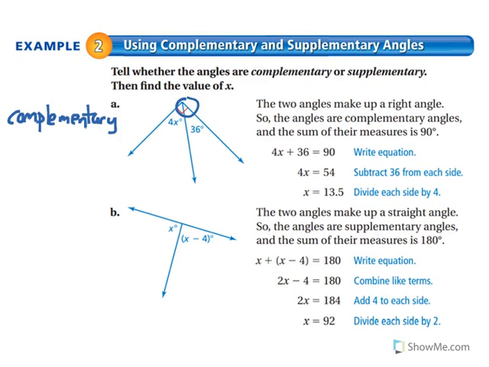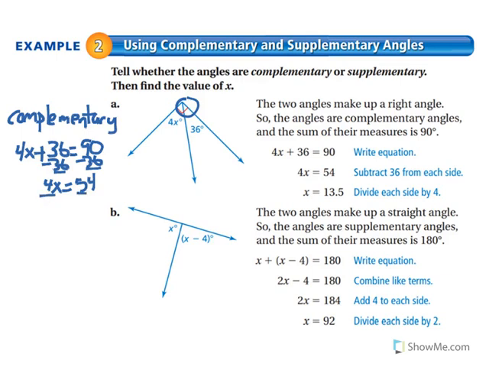And I know that the two angles, when you add them together, 4x plus 36, they equal 90. So I can go ahead and subtract 36 from both sides. And I get 4x equals 54.